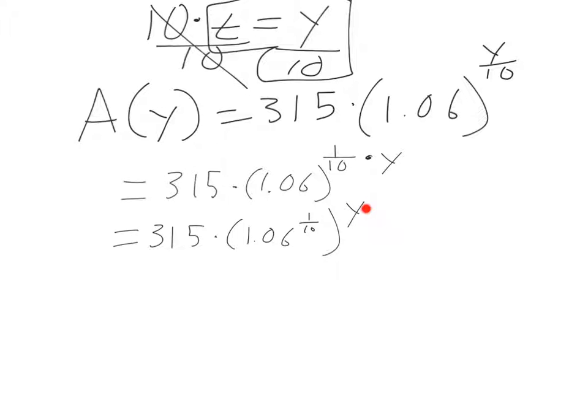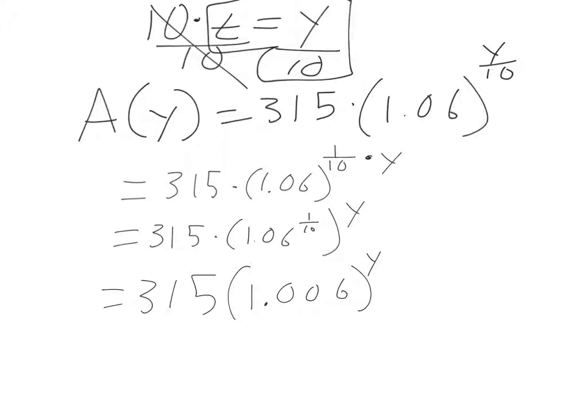And now our equation has just a y out here as the exponent. We just need to figure out what this is. So we're going to use the calculator to do that. 1.06 to the power of 1/10 gives me 1.006. I'm going to round there for now, to the y power.